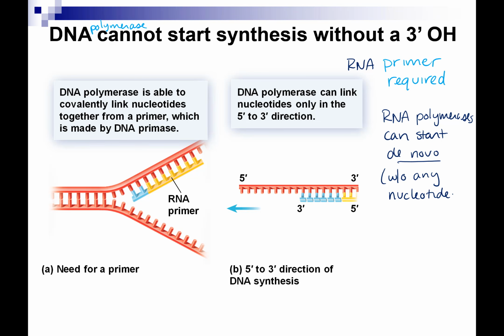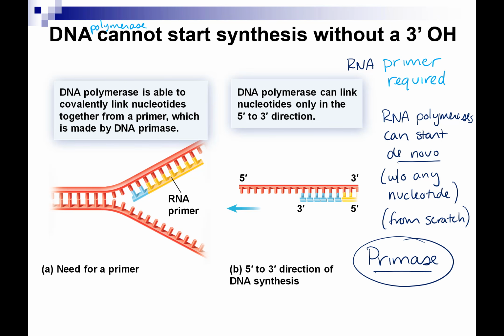So it can start from scratch. And the special type of RNA polymerase that makes the RNA primer is called primase. We're just going to leave it at primase. Some books call it RNA primase. Some books call it DNA primase. We're going to just call it primase, the enzyme that makes the RNA primer.